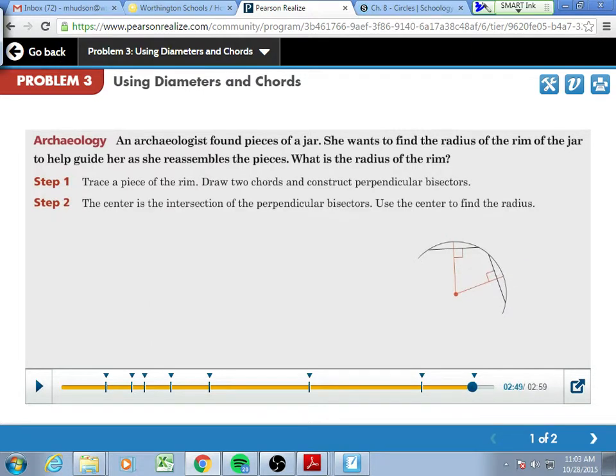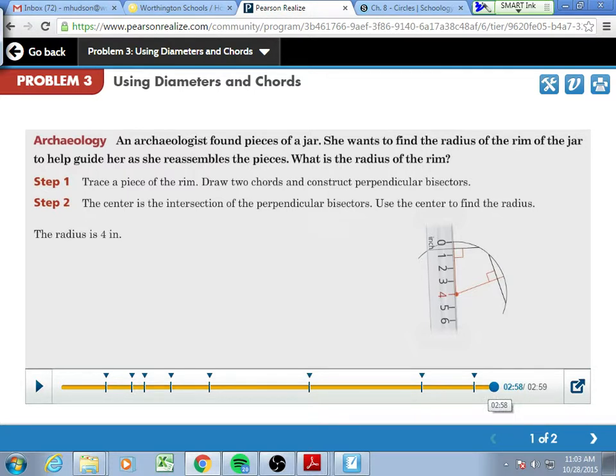So our goal here was to figure out what is the radius. We have chords perpendicularly bisected by pieces of my radius. And then we could just measure.